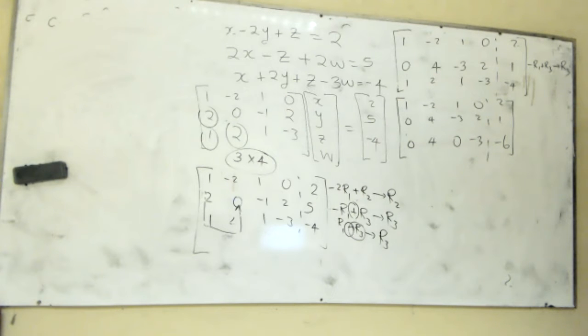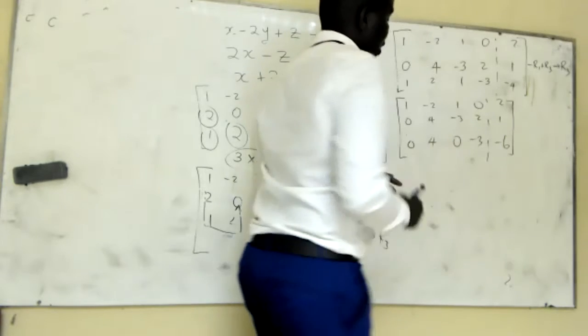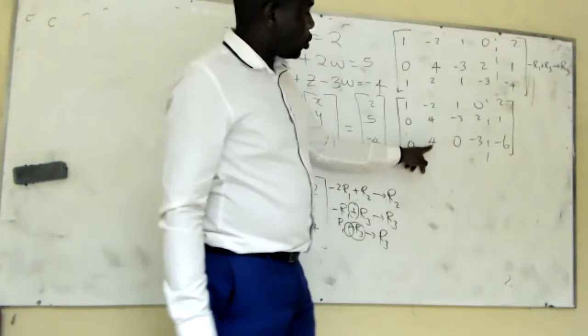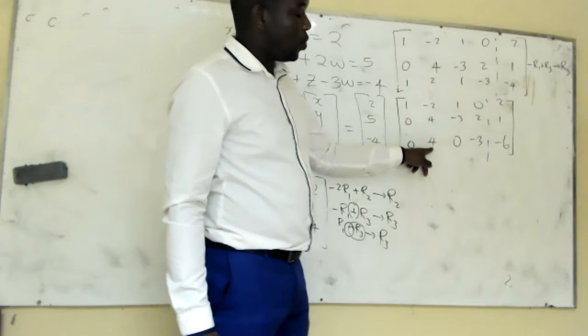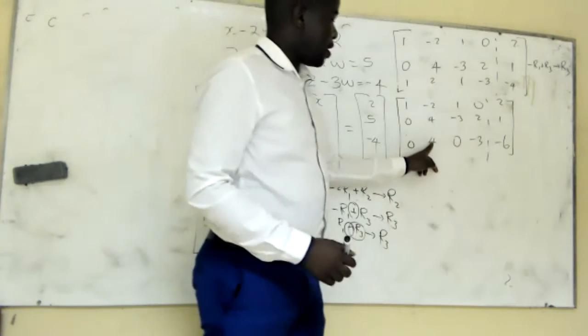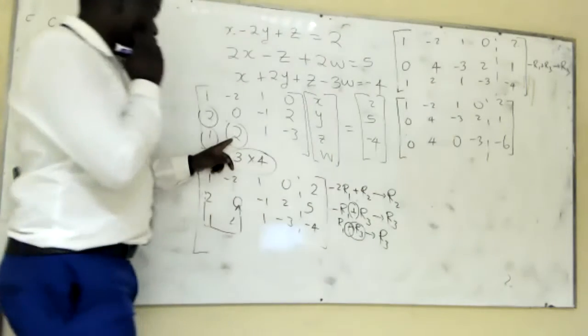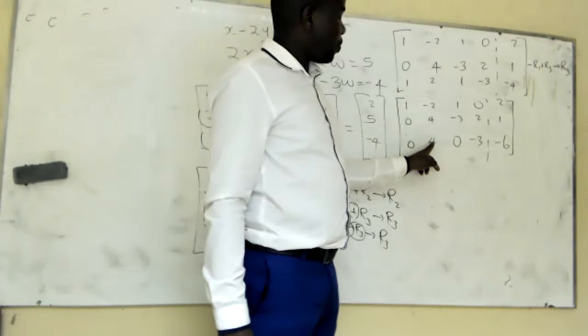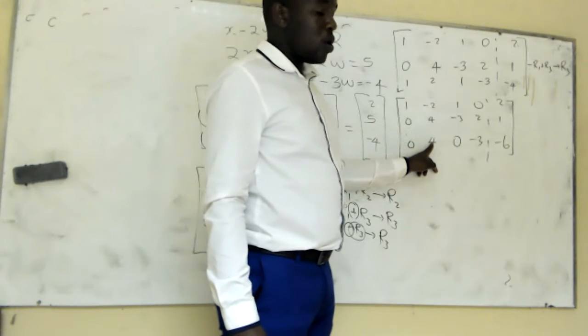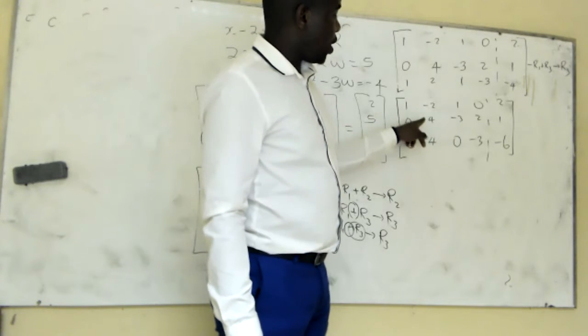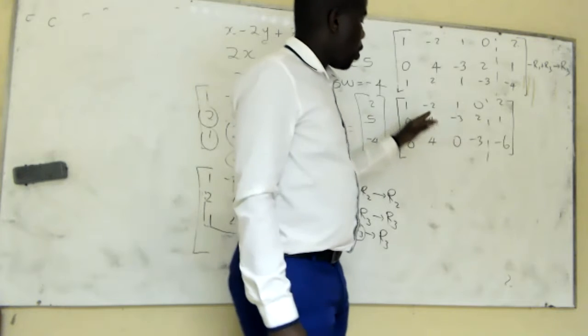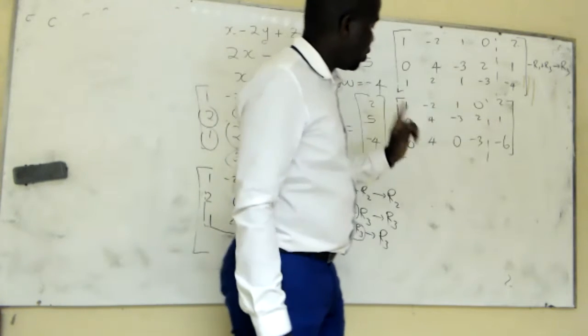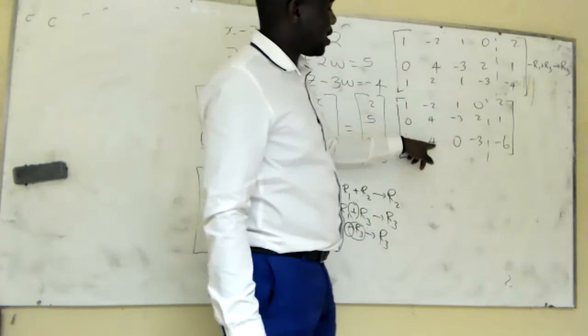So after having transformed row 3, I'm going to explain another important piece of information about getting this value here. Because we know here where we have 4, we need to get a 0. So which equation are we supposed to use to get a 0 on row number 3? We need to use row number 2. We can't use row number 1, even though we know row number 1 can give us a 0 here.